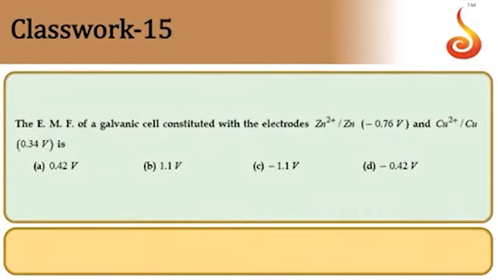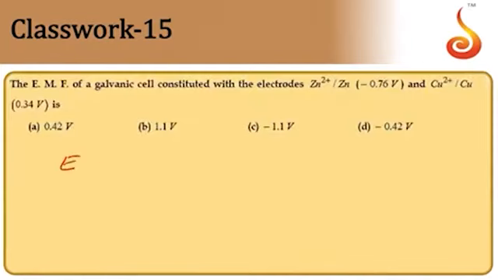15th one. The EMF of galvanic cell constituted of electrodes Zn plus 2 Zn and copper plus 2 copper we have. Simple formula. E is given by E naught of cathode minus E naught of anode, which is equal to, directly the values are given.